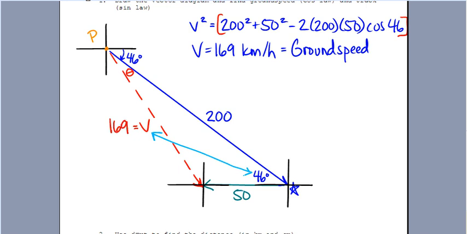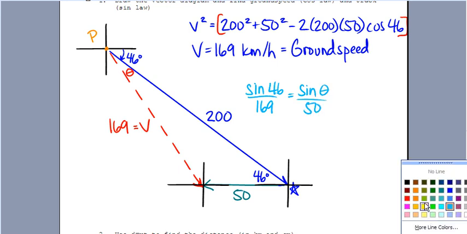We've got an angle and its opposite side, which means we can use sine law now to solve for theta, because opposite theta is a 50. So let's try that out. Maybe I'll take these out. Don't put them in yours. It gets a little jumbled. We've got the sine of 46 over 169 is equal to sine of unknown angle theta over 50.